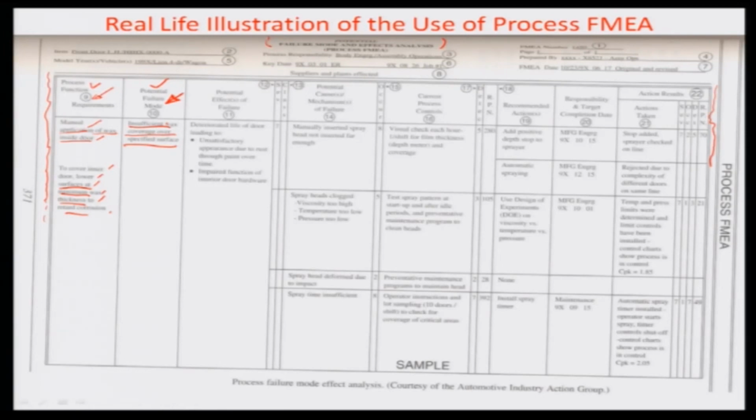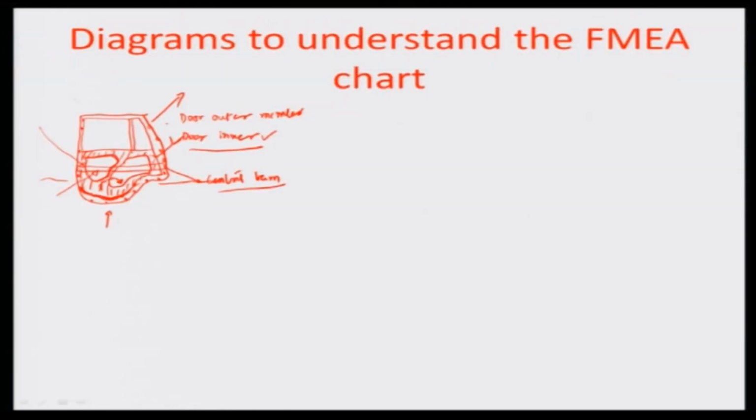So obviously you can see that it is very complex for an operator to go inside all the way into this region, unless he has a jig or a gun which can deliver the wax. But there is always a problem that the wax may not be able to sufficiently coat the inner surface of this particular door, so that there is a prevention of the water from entering inside the hemmings, etc., which are there.